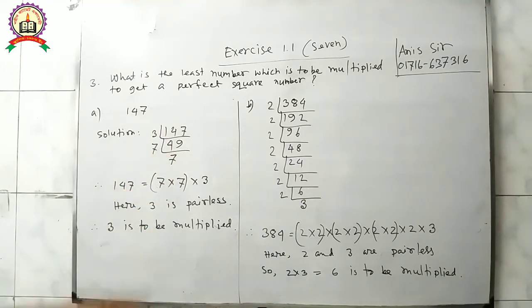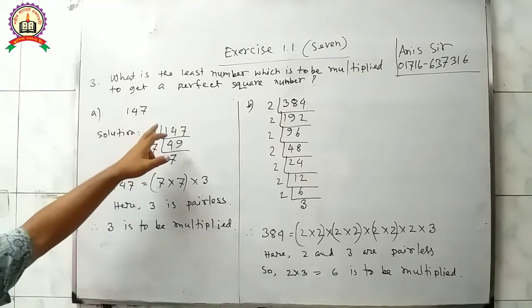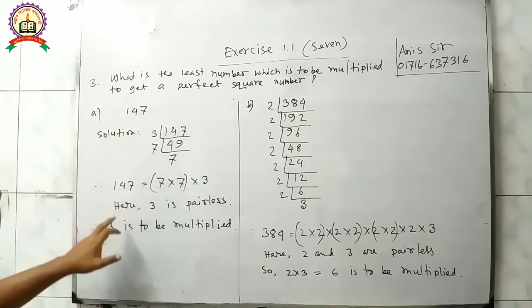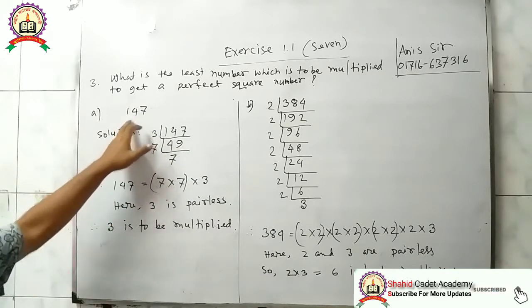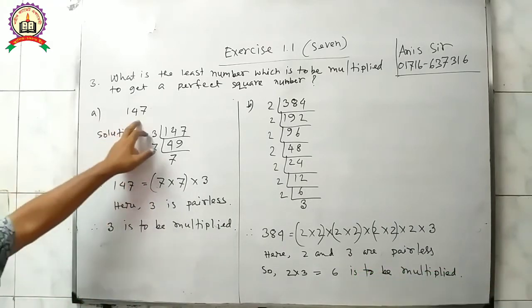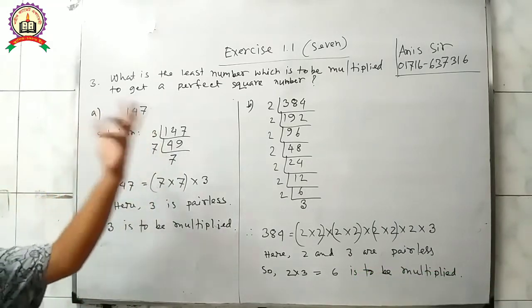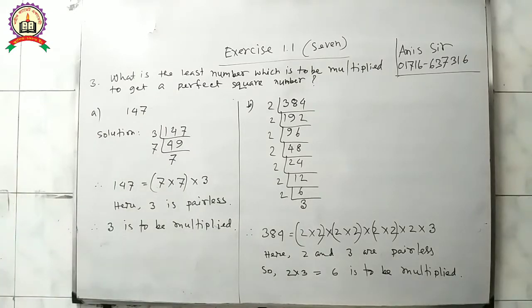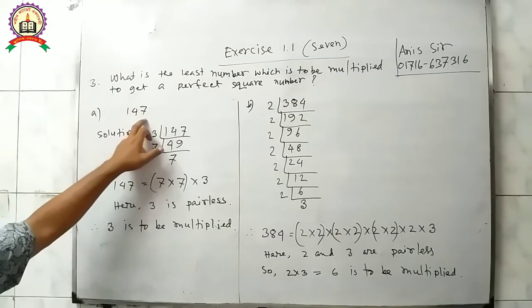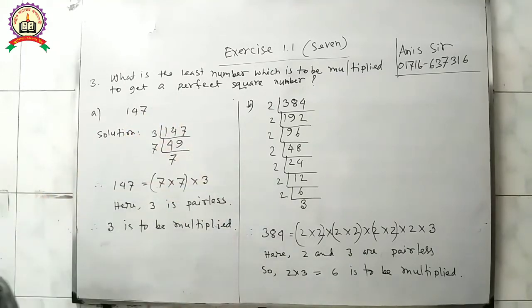So to get a perfect square number, we have to multiply 3 with 147, and then the result will be a perfect square number.